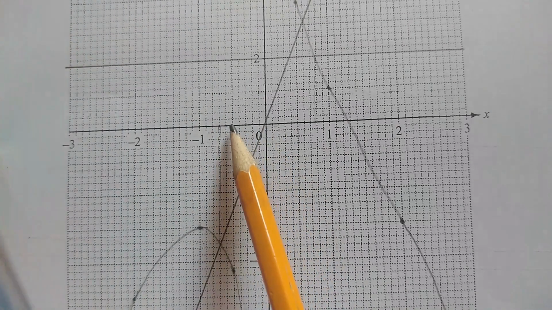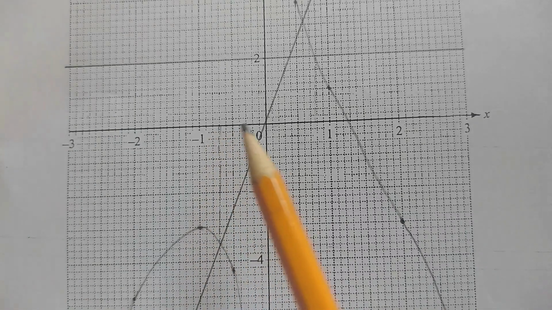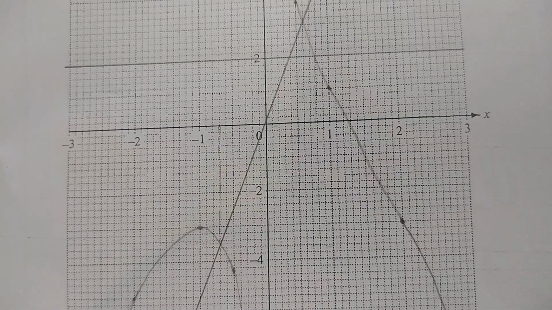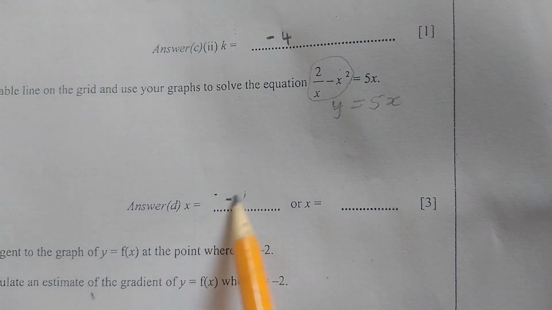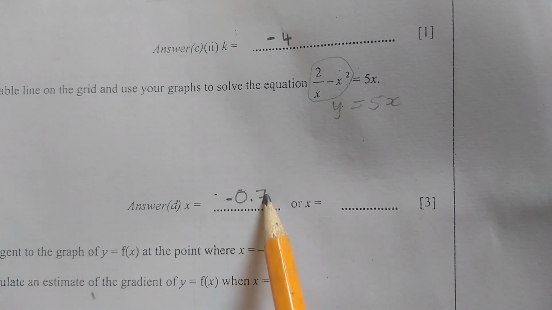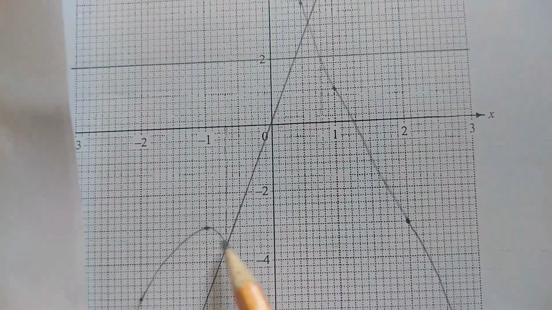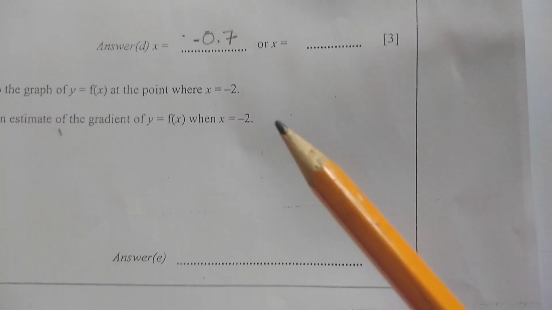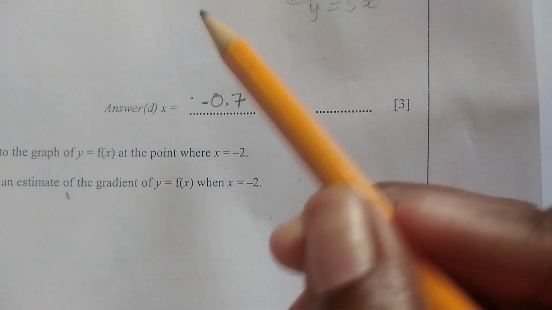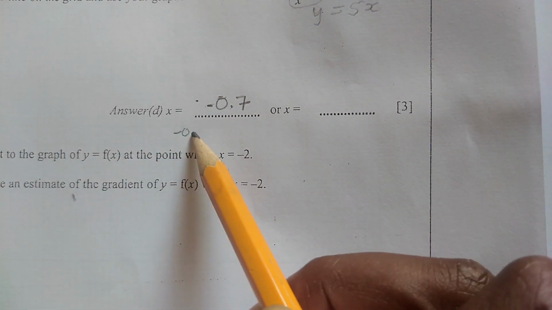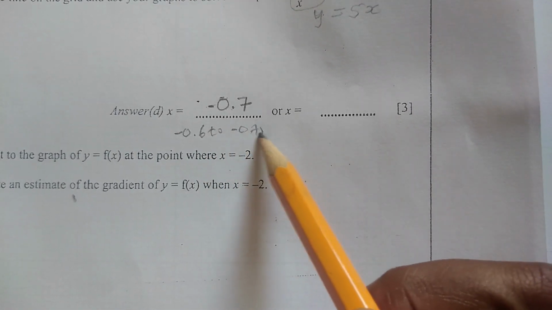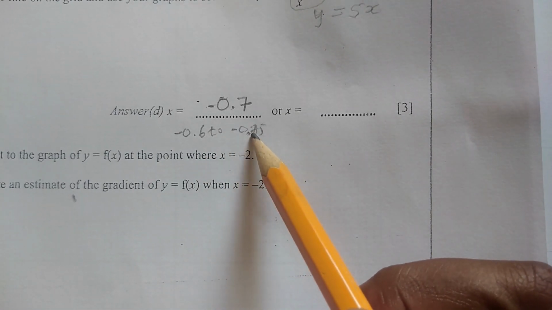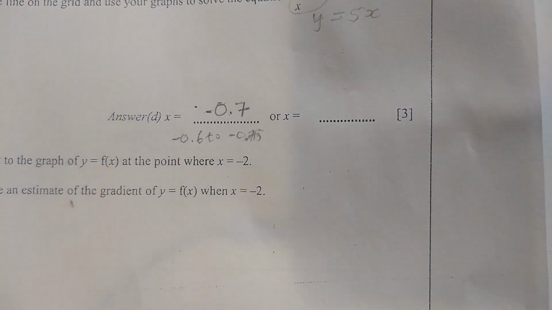We can see that 0.567, we have 0.7. Negative 0.7, and the first one, this one is supposed to be between negative 0.6 to negative 0.75, okay? We're not going to allow negative 0.8.